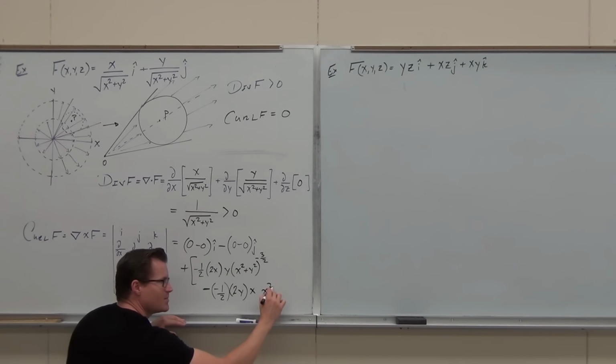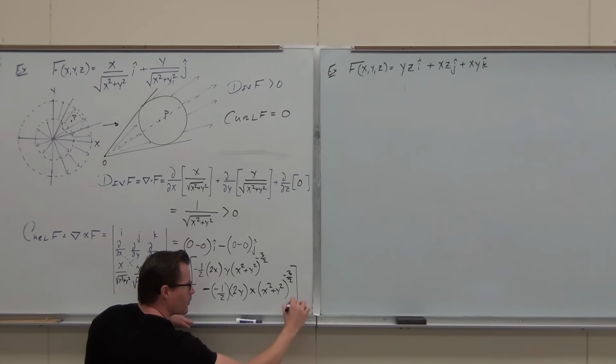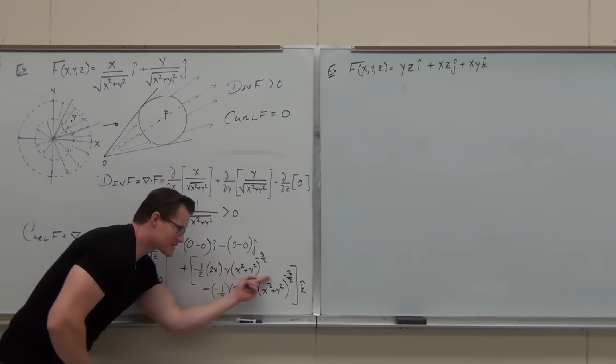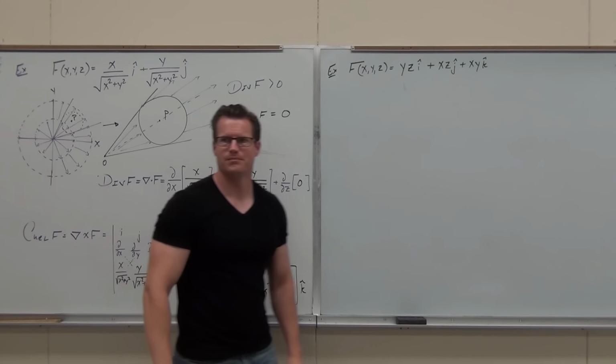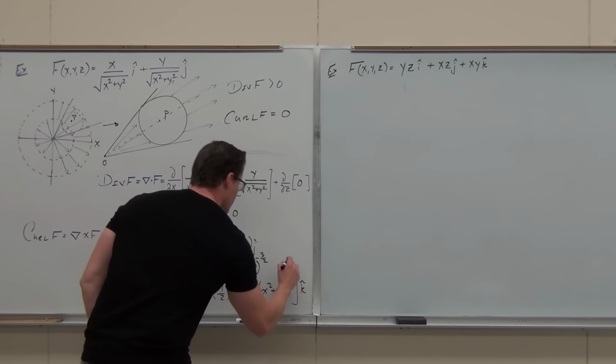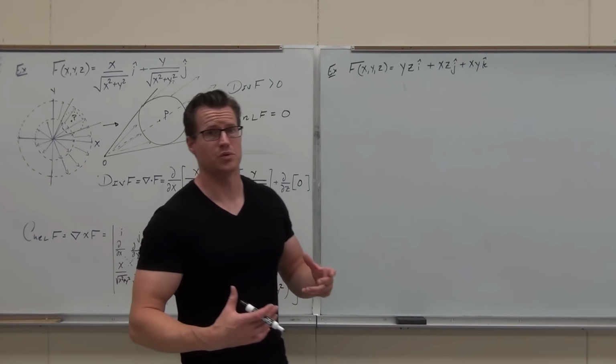Then you have the same exact expression raised to the same exact power, and that's your k component. Are these exactly the same, and are you subtracting them? They are exactly the same, and you're subtracting them. You're going to get 0. Curl 0, curl 0, and we just proved it.